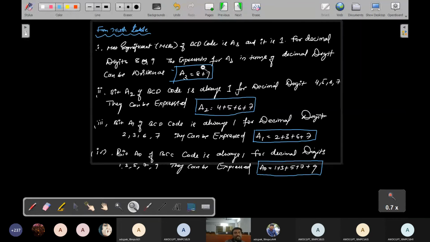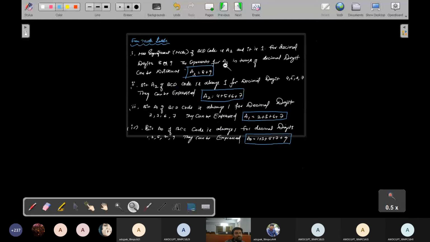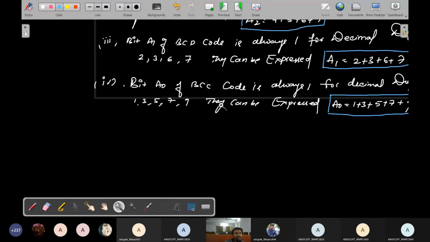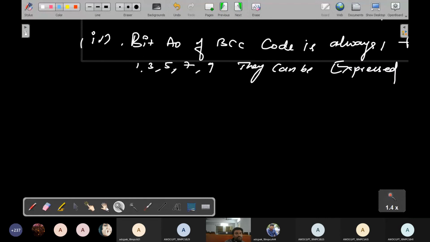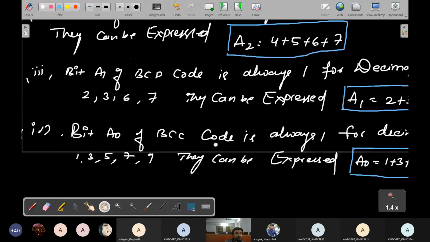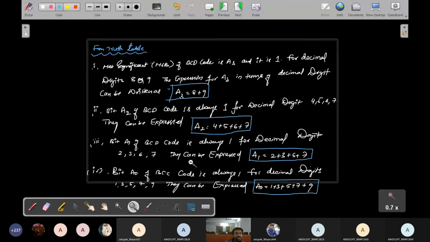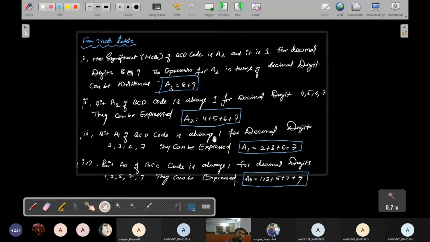for the decimal digits 8, 9. Simply I add the most significant bit by using that truth table. In that truth table only I can find all these things.